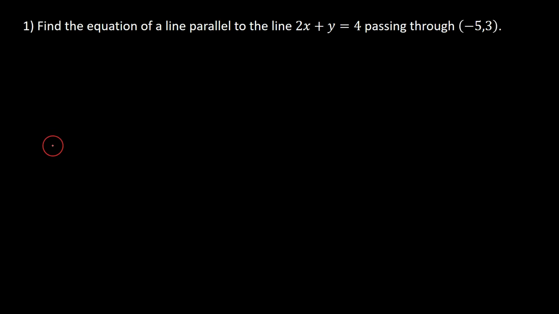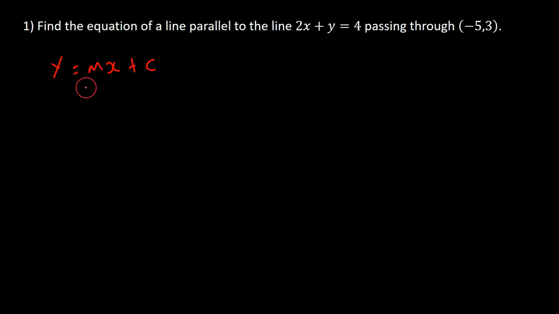So we've been given one of the equations which is parallel, and we're asked to find the other parallel line. And you know that the standard form of an equation of a straight line is given by y equals mx plus c.